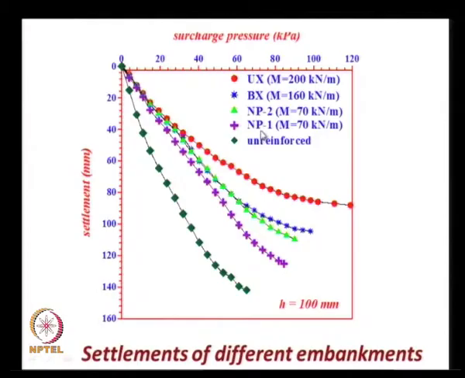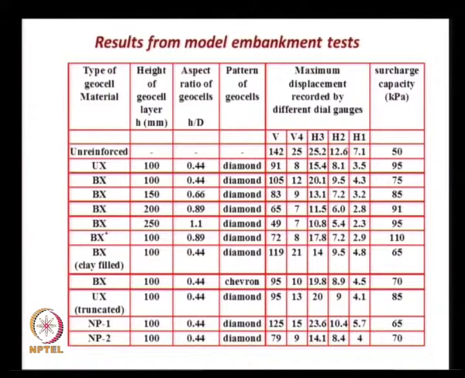We see that both NP1 and NP2 have the same modulus of 70 kilonewton per meter, but NP2 has smaller aperture openings, and because of that the strength is slightly higher.